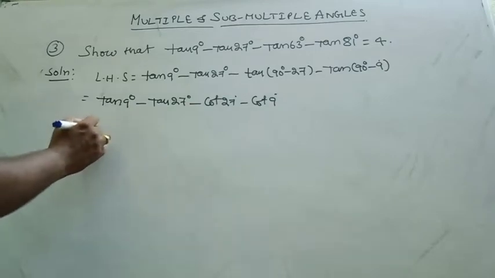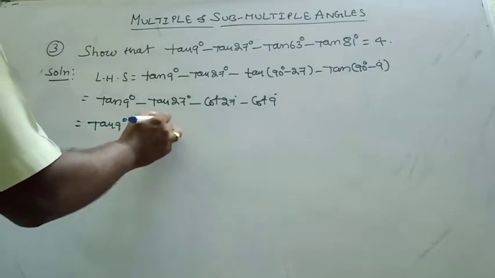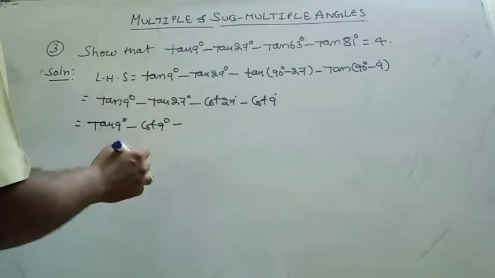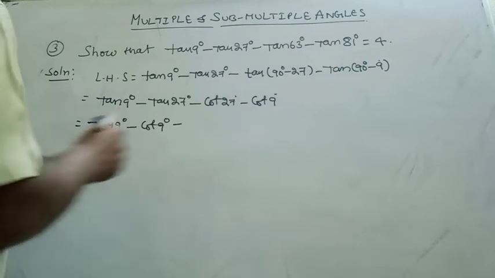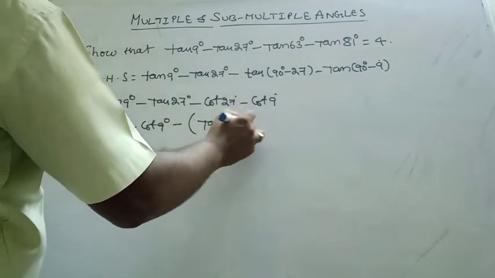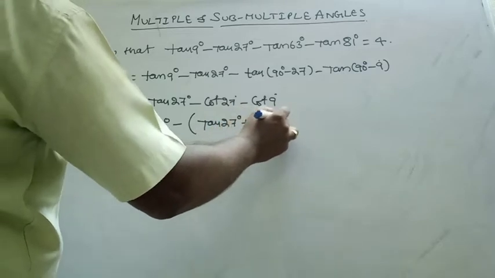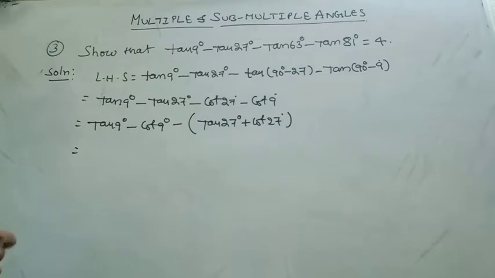Now see, my dear students, we can write it as tan 9 degrees minus cot 9 degrees. And tan 9 minus cot 9 we have got here. Next one we are having is tan 27 plus cot 27. Let us try to do this, my dear students.